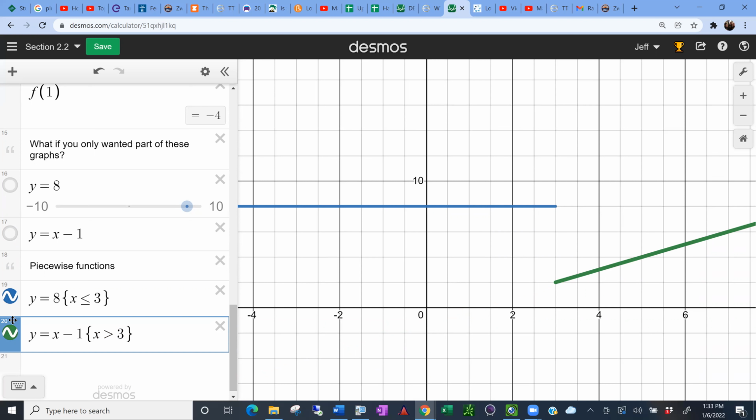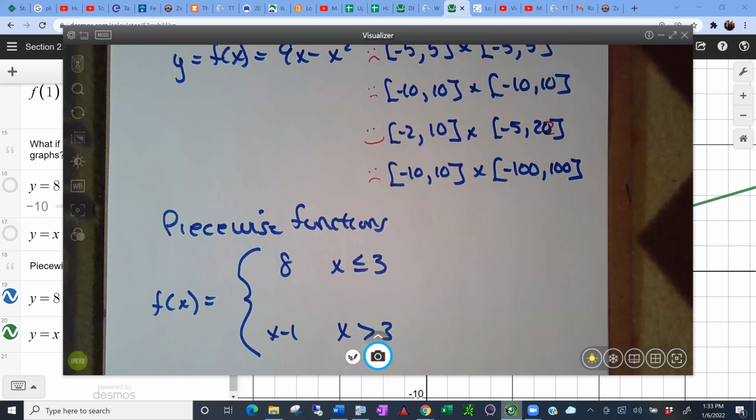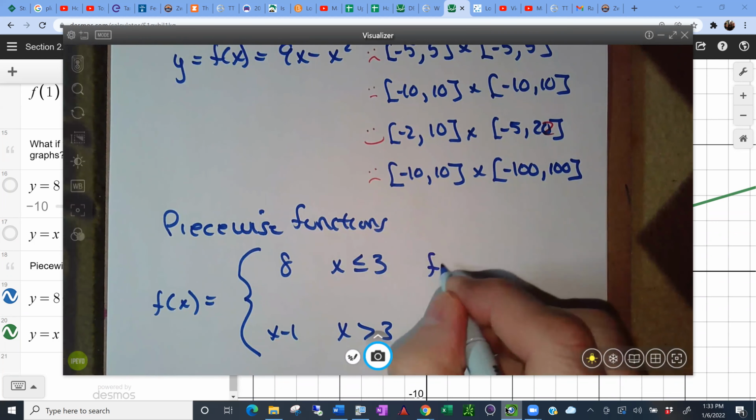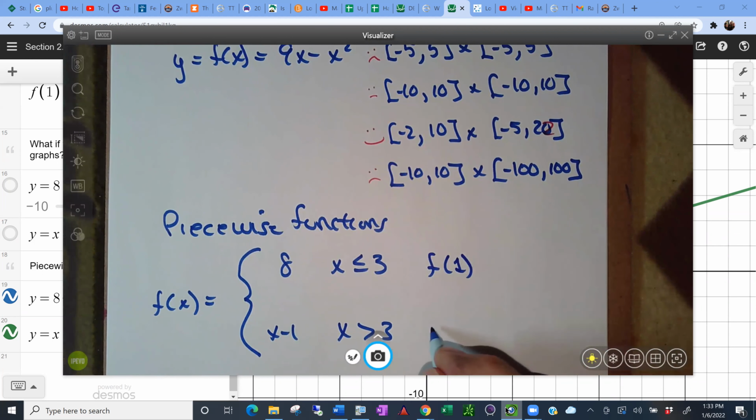That's your piecewise graph. So if you had to evaluate a function, you could do it in a couple different ways. For instance, let's find a couple values. I could have to find f of 1 and f of 5. If you look at f of 1, since 1 is less than 3, I want to use this part of my function.